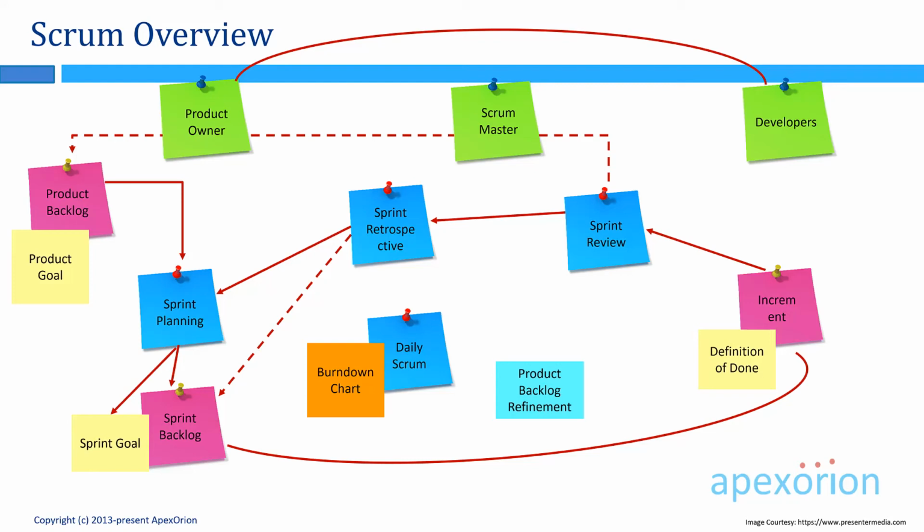Product backlog refinement is geared towards the upcoming 2 or 3 sprints and is focused on keeping the product backlog ready, so that at the time of sprint planning, the team is able to plan the sprint quickly and move on to doing the work. So this is Scrum in a nutshell.